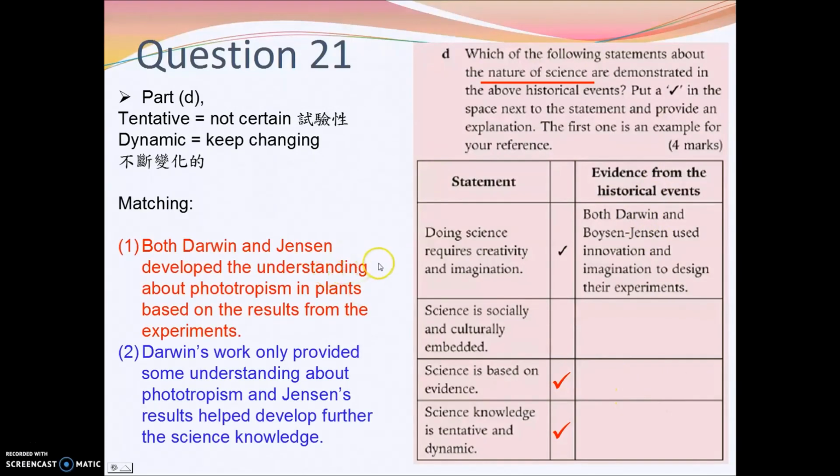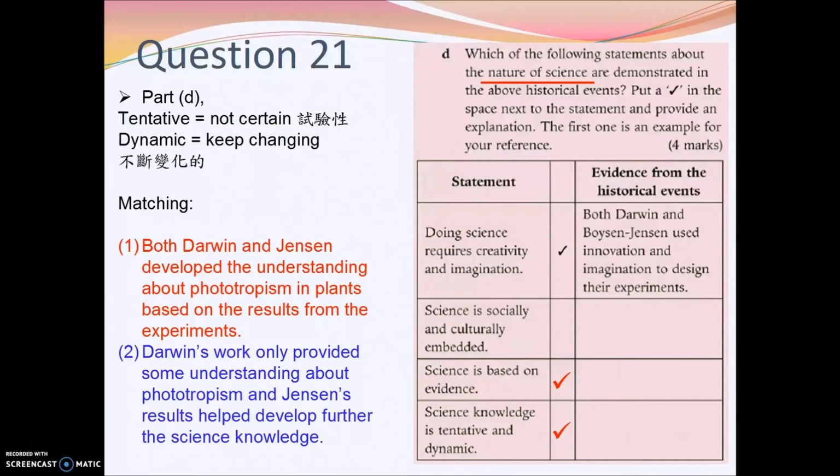So I give you the matching. I give you the answer already, but I want you to put them in the correct order. Do the matching. For science is based on evidence, and science knowledge is tentative and dynamic, which one matches which one? For example, this one: both Darwin and Jensen developed the understanding about phototropism in plants based on the result from the experiment.